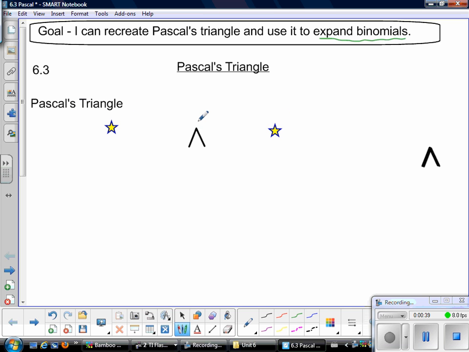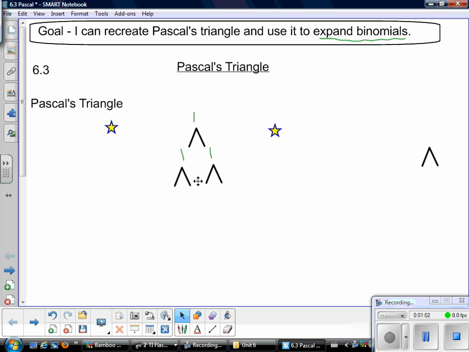Now Pascal's triangle, we're starting with the number 1. And so again, we have 1 and 1. This is what we often call T1, this is T2, if you want to look at it that way. And then the other terms are made using the beautiful Pascal's triangle.